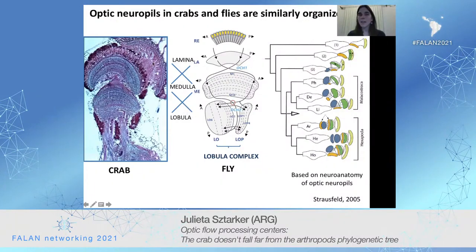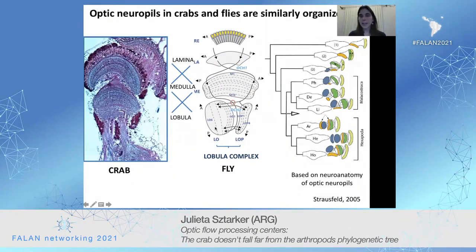This is rather difficult to explain, the presence of two chiasmata without a common origin, and that's why the neuroanatomy of the optic neuropil has been used to construct phylogenetic trees to explain the relationship between different groups in arthropoda.